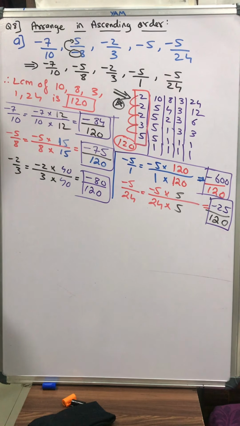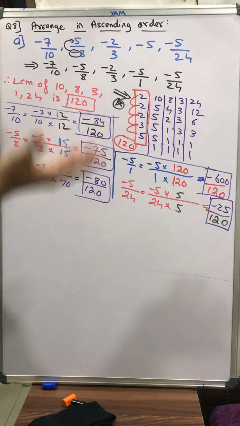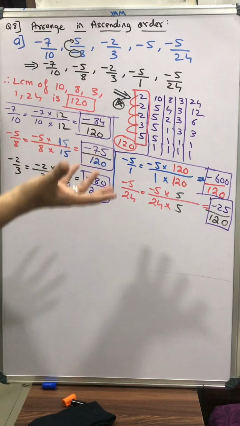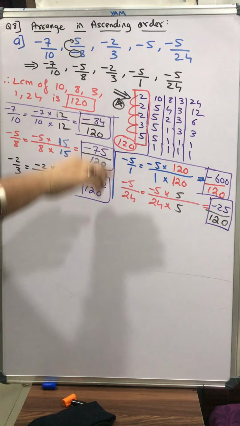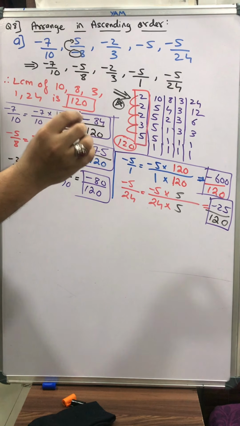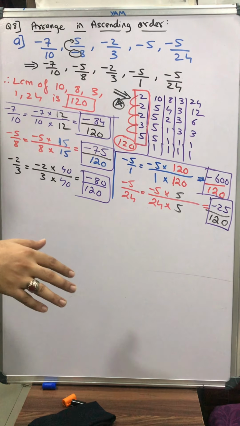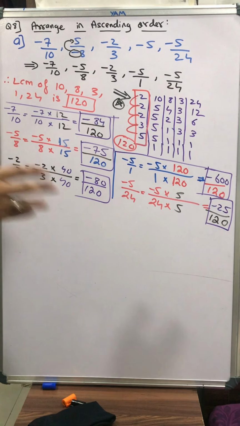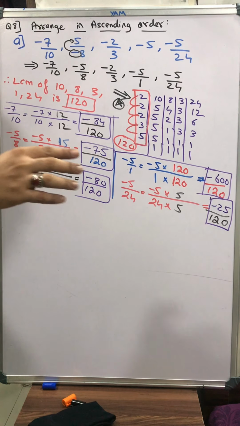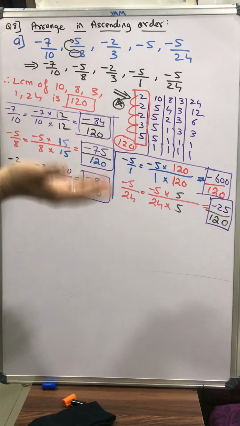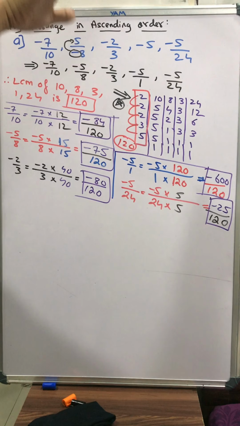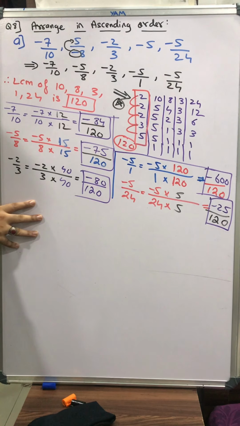Once again I'll tell you, greater the number, more the number, but with a negative sign, it is considered as the smallest. Minus 1 lakh is small as compared to minus 5, because greater the number but with a negative sign, it is considered as the smallest. Understanding, students?